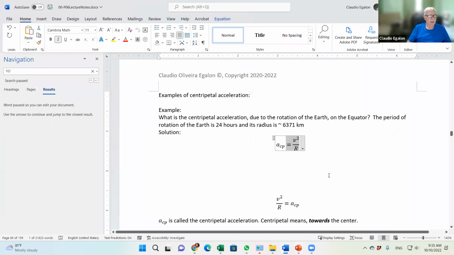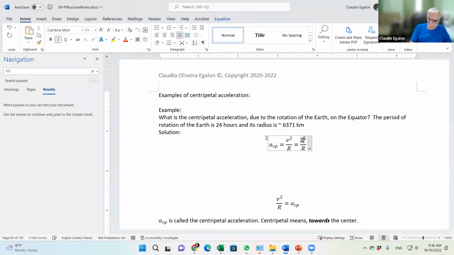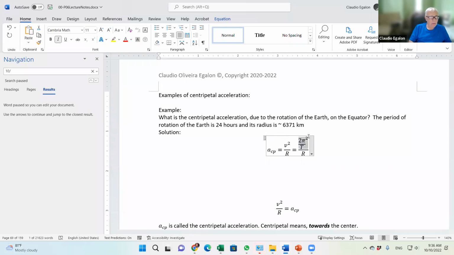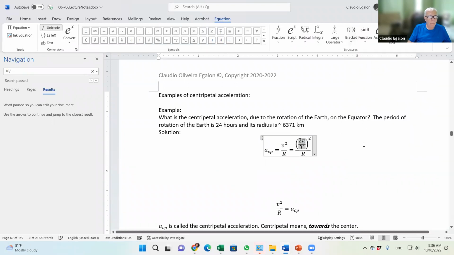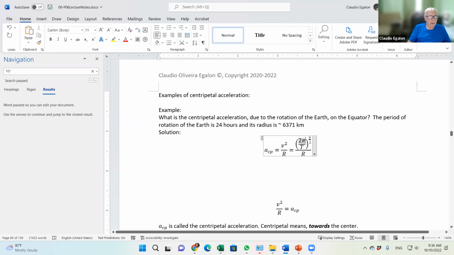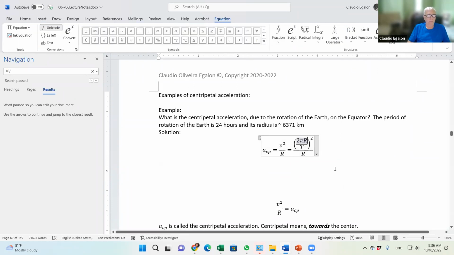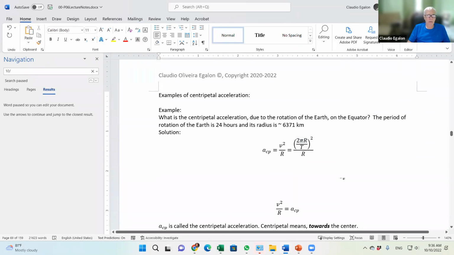So going back here, v is going to be what? V is going to be the full circle, 2 pi r, divided by the period of the Earth.